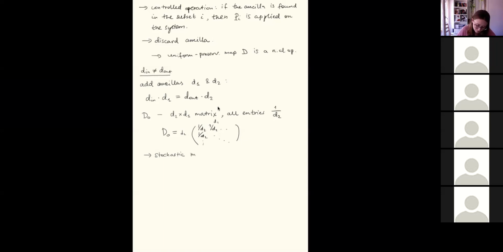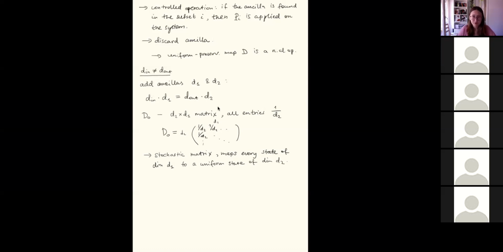But it also has a property that it maps every state of dimension D1 to a uniform state of the dimension D2. So whatever state of the dimension D1 we take, it's going to map it to a uniform state of dimension D2.